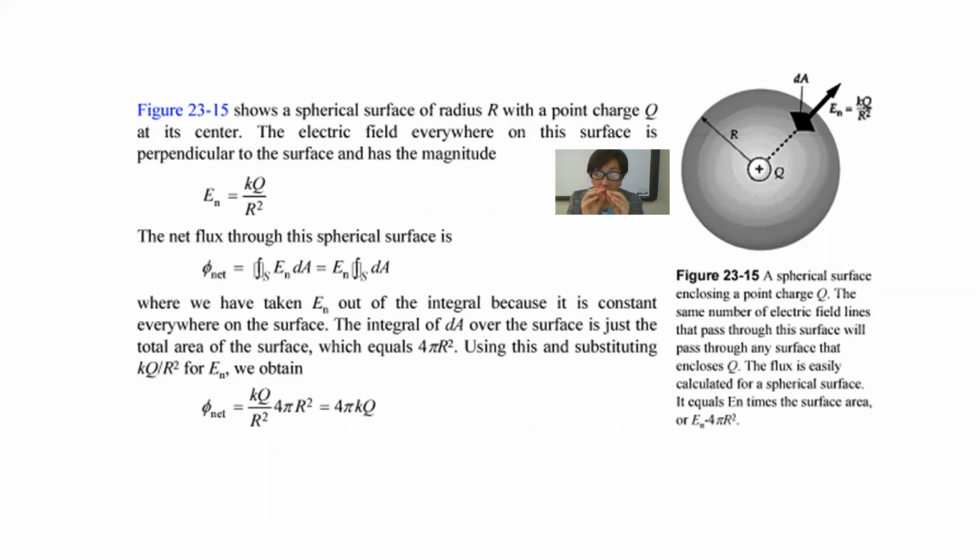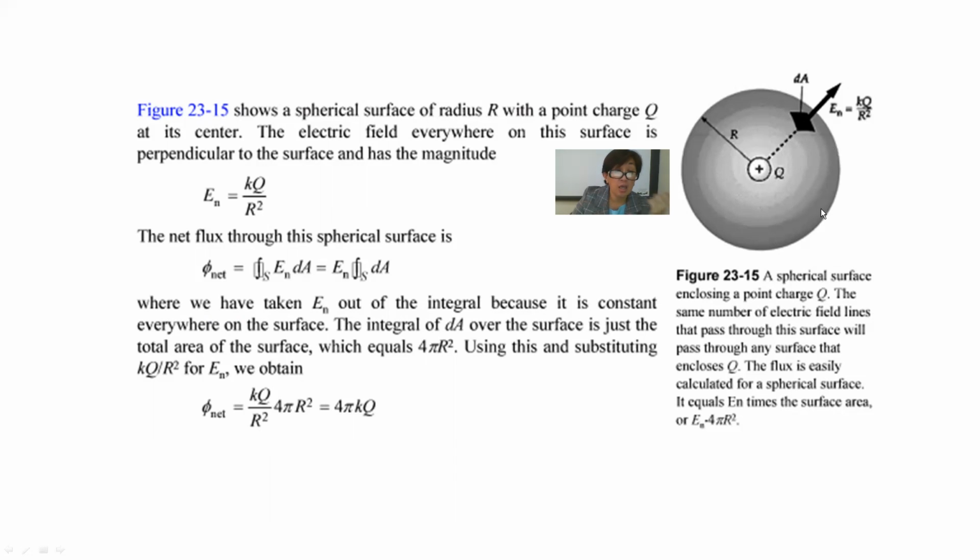From the charge to the surface is the radius r. The electric field on the surface has magnitude kq divided by r squared, where r is the radius of the sphere, q is the positive electric charge, and k is Coulomb's constant. For electric flux we use the formula electric field multiplied by area: kq divided by r squared multiplied by 4 pi r squared, which is the area of the sphere.